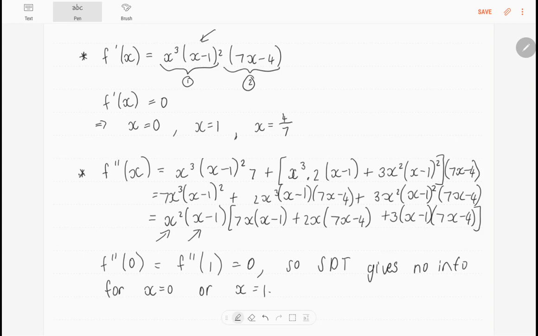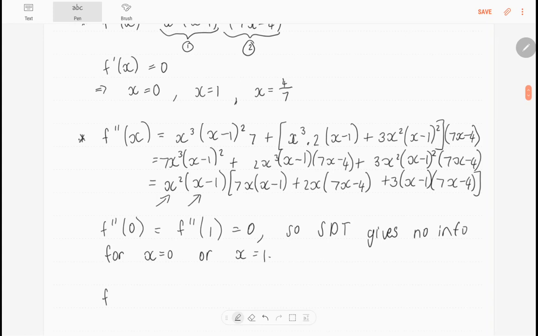Now we want to look at the second derivative at 4 over 7.